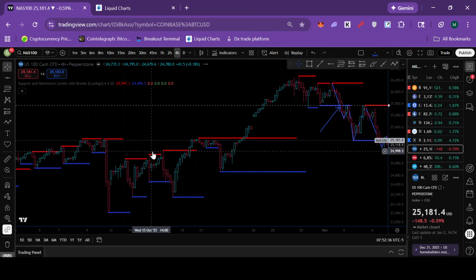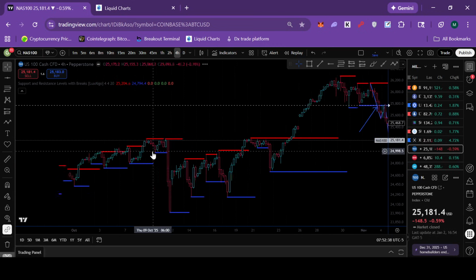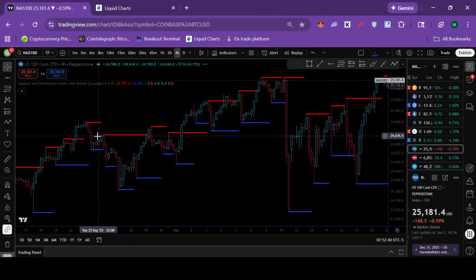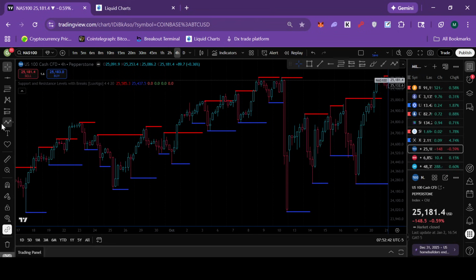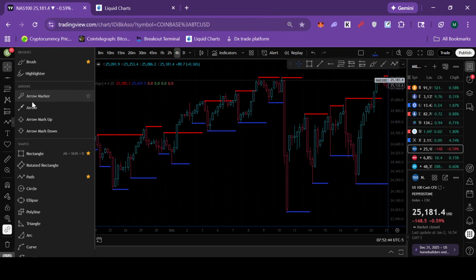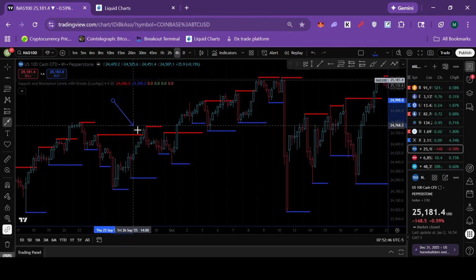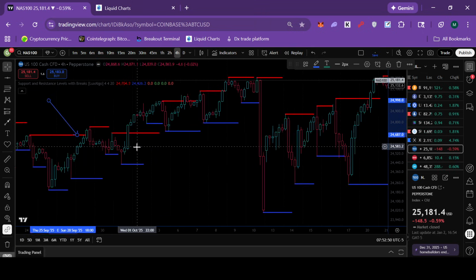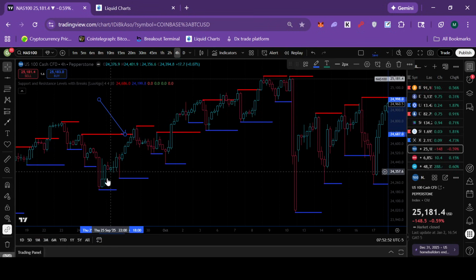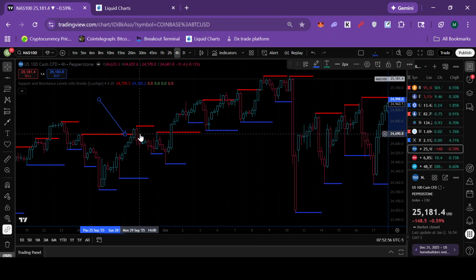Now, let's get some examples of some buy opportunities, right? So now we have a break of this resistance, this red line. What we want to see is this breakout and the market get back into this level.